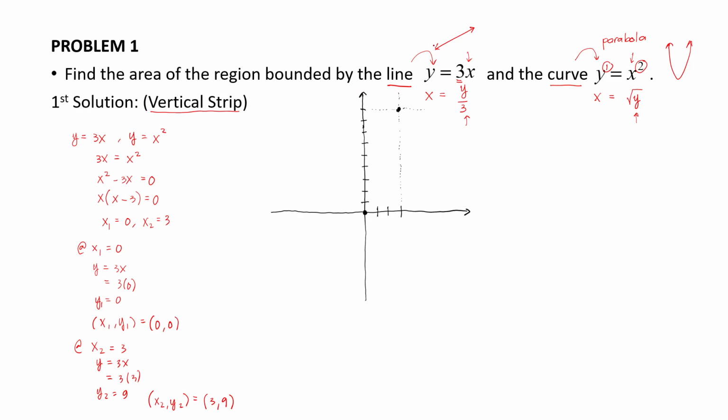Since I know that my line is inclining to the right due to the positive slope, I can just connect the two dots here. This is my equation of a line.